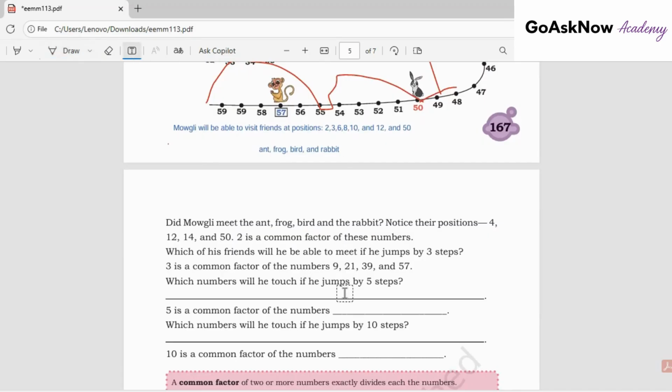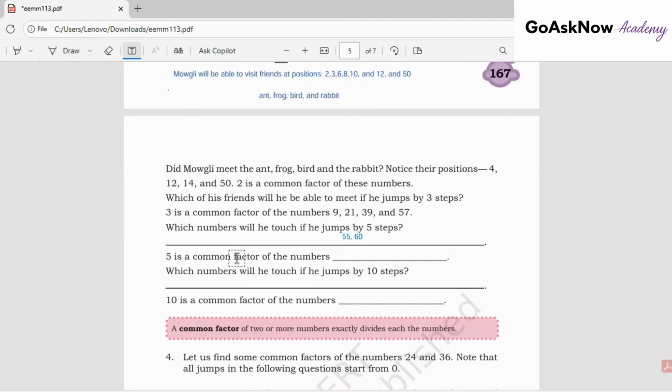He will come to 55 and 60 count. Okay. Next, 5 is the common factor of which numbers? The numbers divisible by 5 in the path are 5, 10, 15, 20 up to 60. Here the answer is 5, 10, 15, 20, 25, 30, 35, 40, 45, 50, 55, 60.